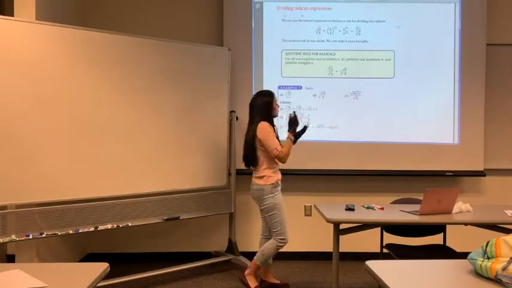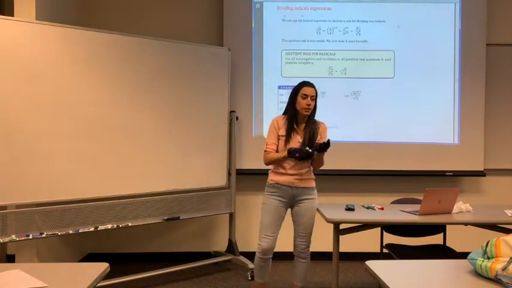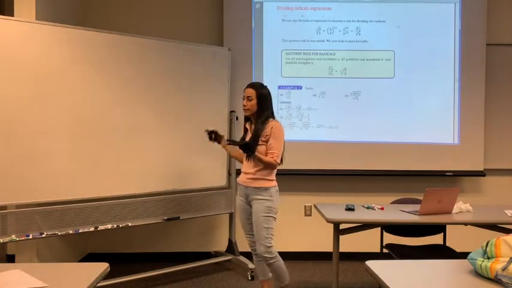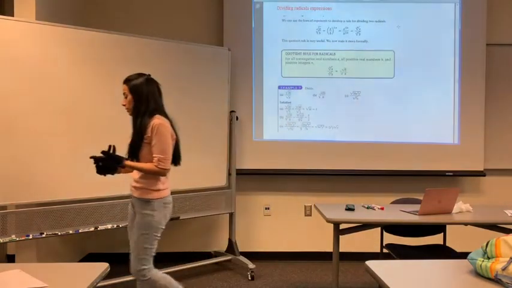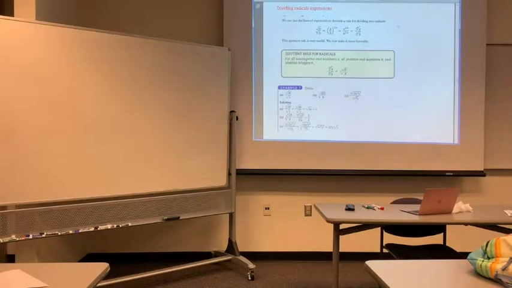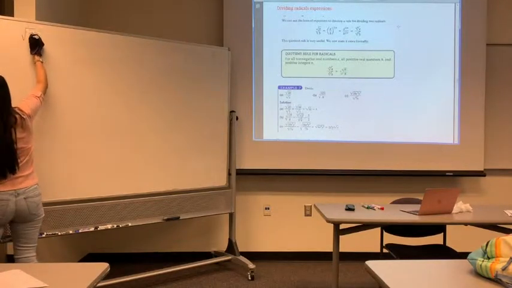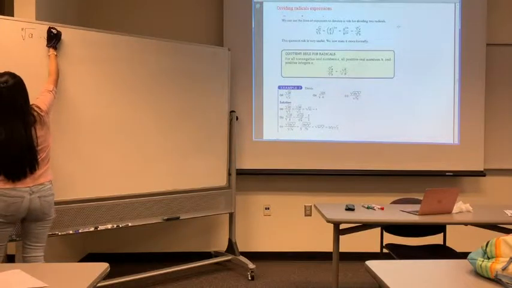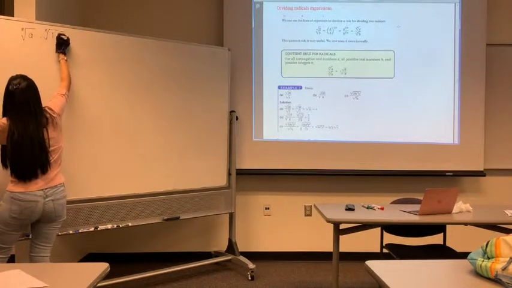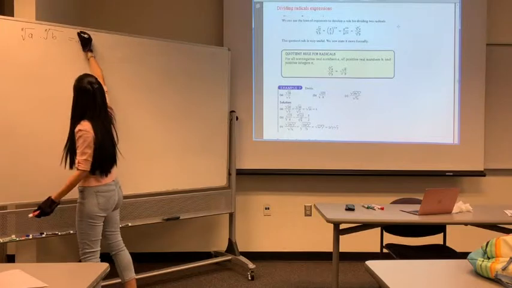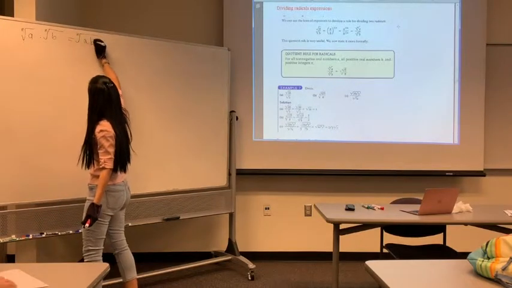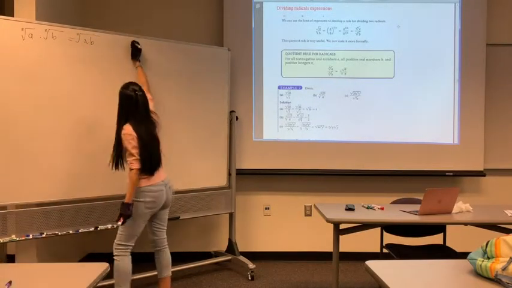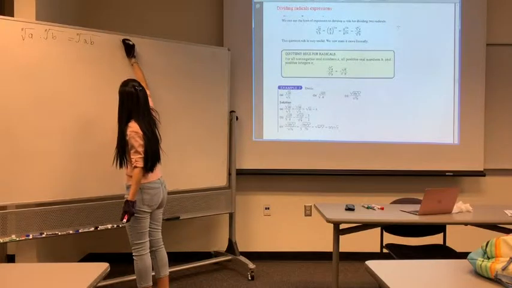Okay, so we worked on multiplication, addition, and then we multiplied 2 radicals with the same index, and now we want to divide radicals with the same index. So the same thing I said, for example, if you have the same index, you can multiply these 2 numbers under the same radical with the same index.